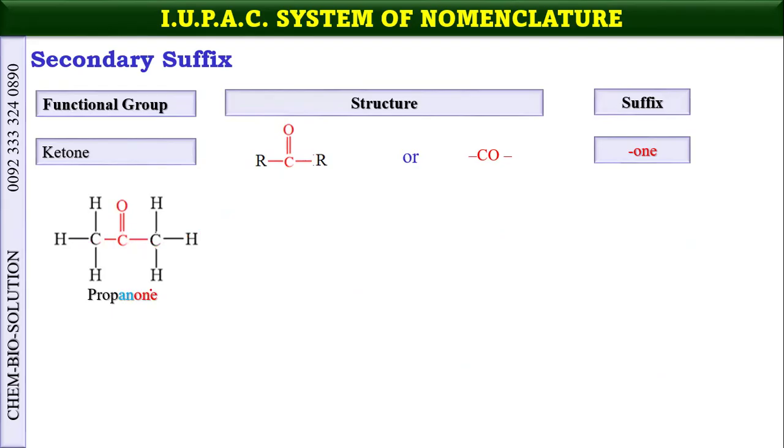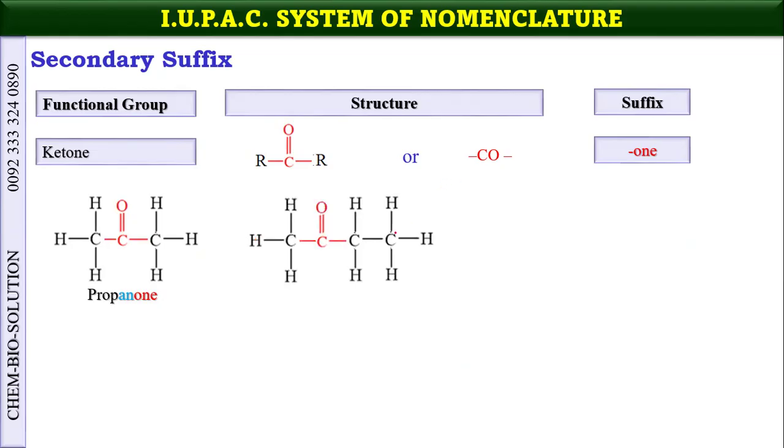So if it has a total of 3 carbon atoms, definitely it would be in the middle. So we don't bother to write propan-2-one. Although you can write it, propan-2-one is not wrong, but it is not necessary to mention the locant, means the number here.